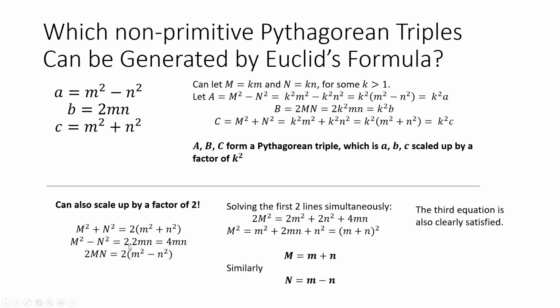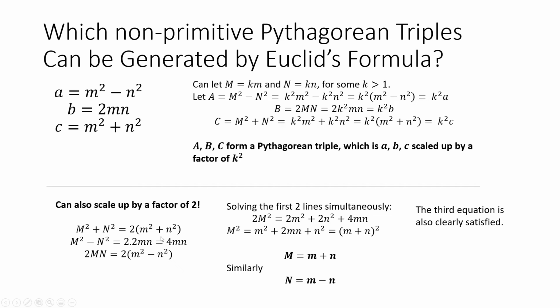If I add together my first 2 lines, 2 capital M squared is 2 little m squared plus 2 little n squared plus 4mn. Divide through by 2, we get this. So capital M squared is little m plus little n all squared. Since these are all positive, I can just take the positive square roots. So capital M is little m plus little n.